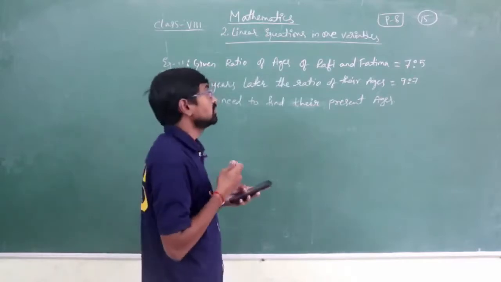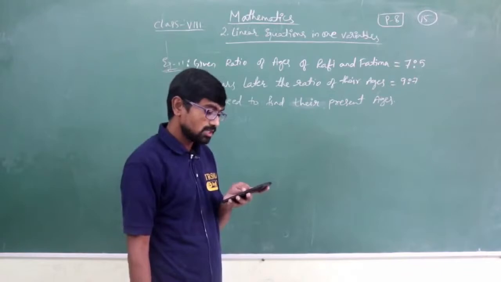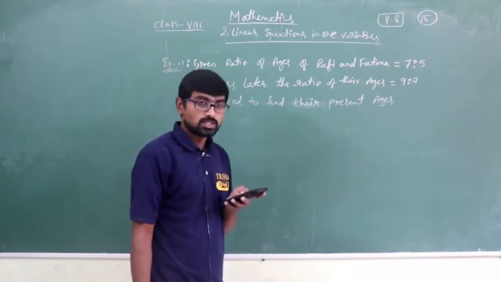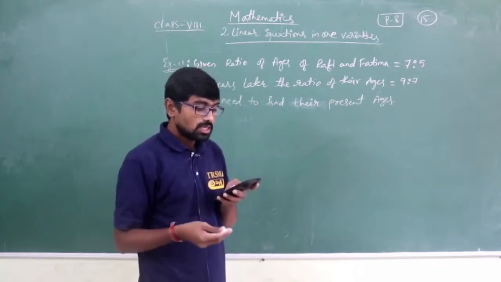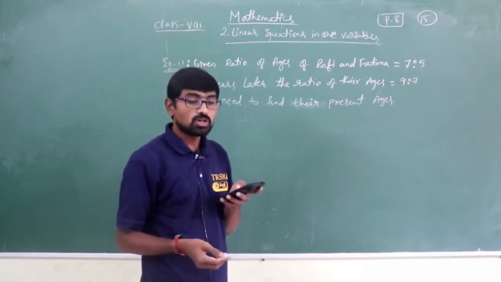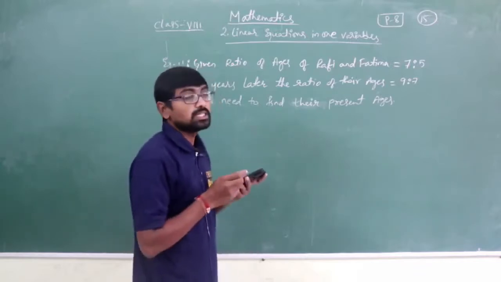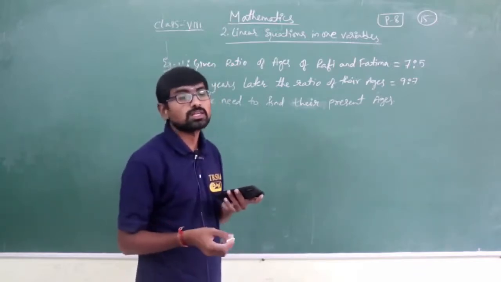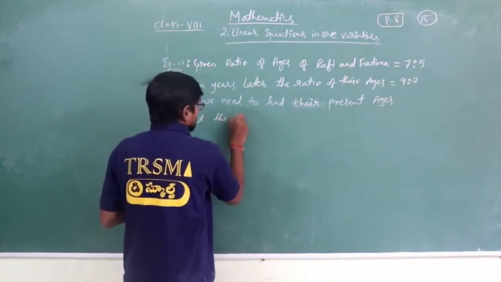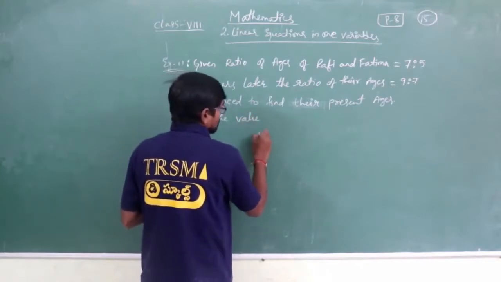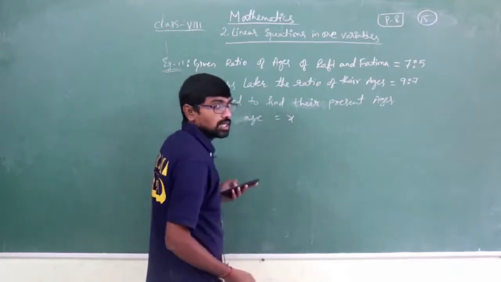He has given the ages in the form of a ratio, isn't it? So we need to convert that into a general form. We do not know the exact age, as it is given in the form of a ratio, so we just assume the age as x.